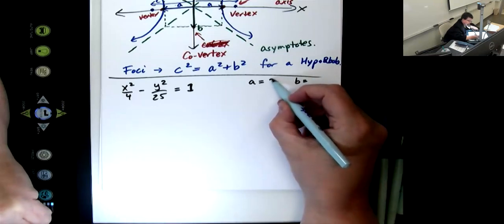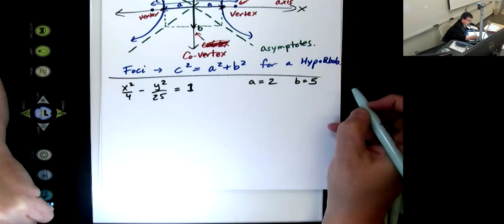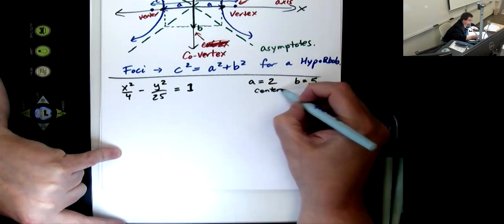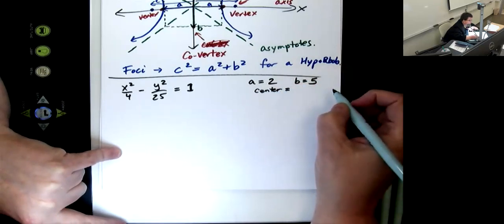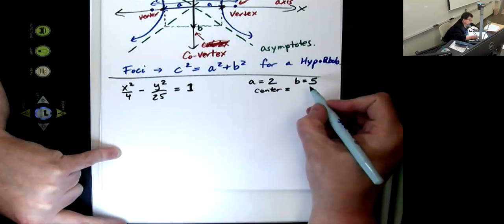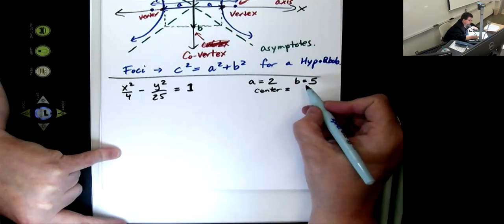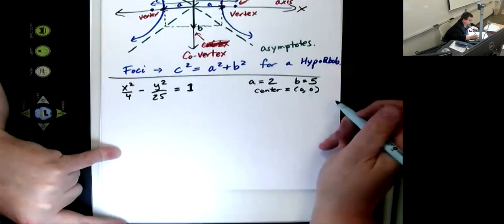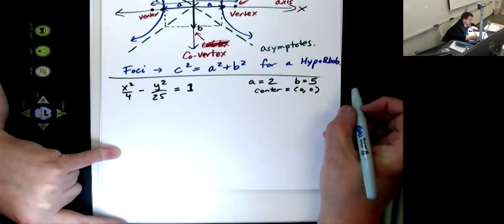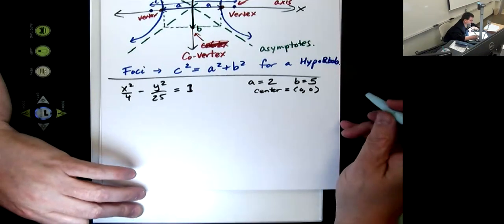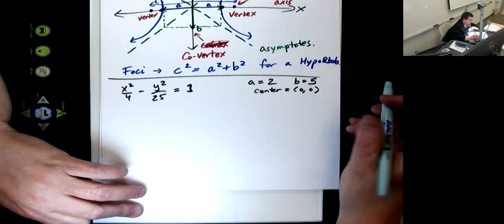A is 2, B is 5. Where's the center? If you don't have an h and a k, it's 0, 0. That's still a spot.